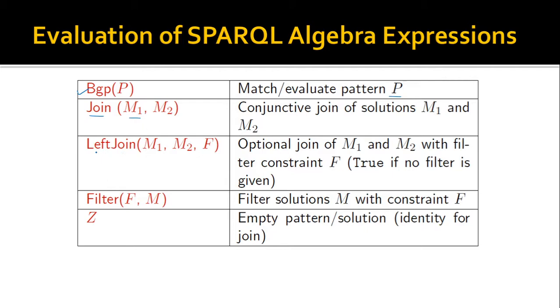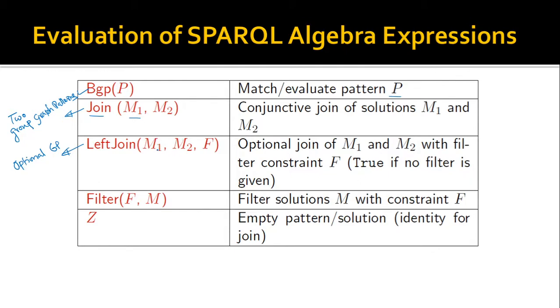Now, the join is what we used for joining two group graph patterns. Then the left join is the algebraic operator corresponding to an optional graph pattern. And we know that there are two cases.